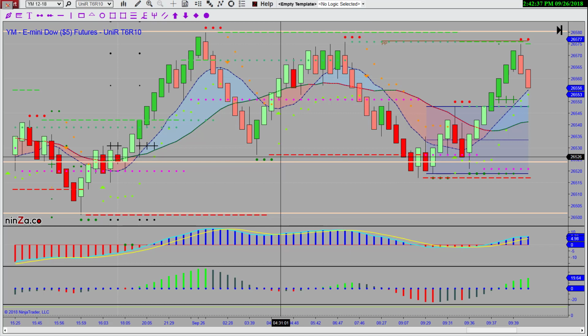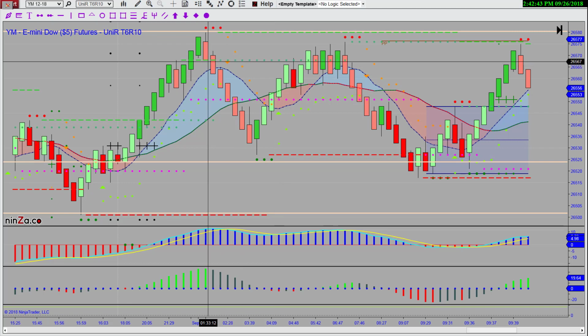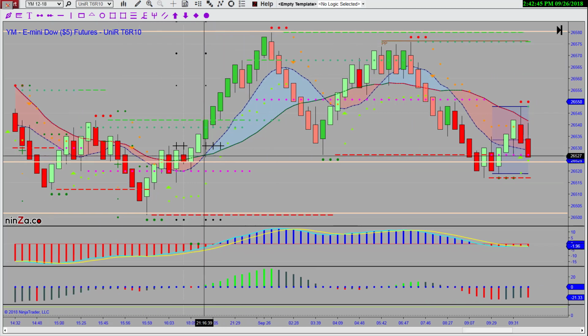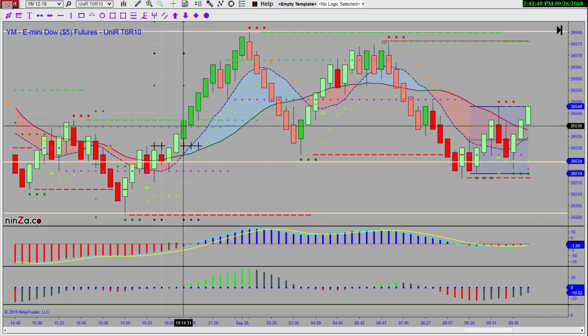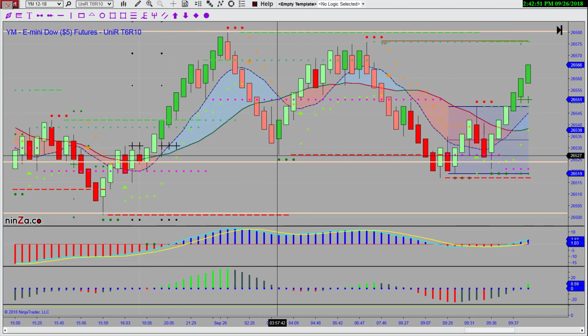I've got swing levels here, the dash lines here in red and in green. Yeah, we've got some green ones here. Okay, that's basically showing where the swing levels were. They're in relationship to the exhaustion levels, except the exhaustion levels are 2 ticks away.